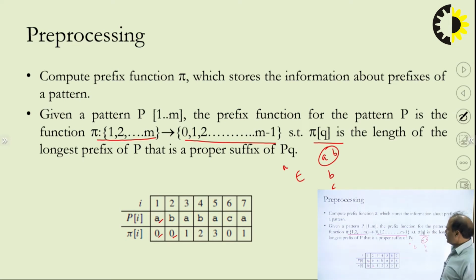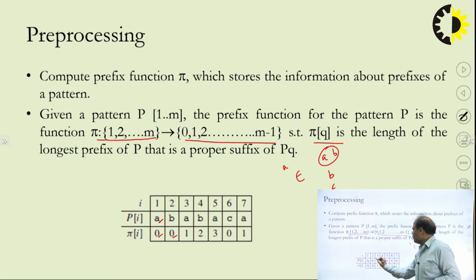So again, if you go to this, what are the proper suffixes of the pattern? Up to here the proper suffixes are A and BA only. So look at here, A is matching here, but BA is not matching. So what is its length? Its length is 1. Very correct, right? Same thing if you talk about up to 4.